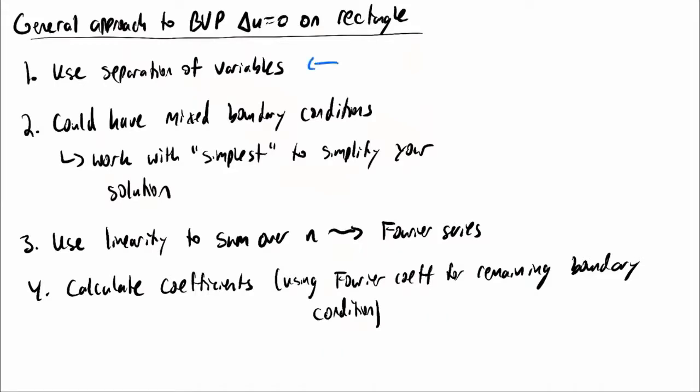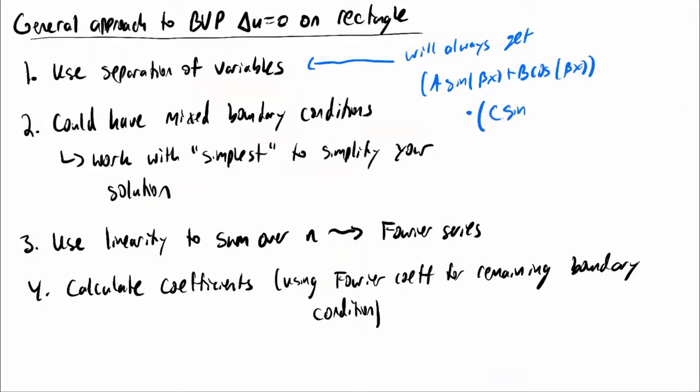Although it is worth pointing out that in step 1, you'll always get, remember what do we have? A times sine of beta x plus b times cosine beta x, times the hyperbolic trig, so say c times hyperbolic sine beta y plus d times hyperbolic cosine of beta y, right?